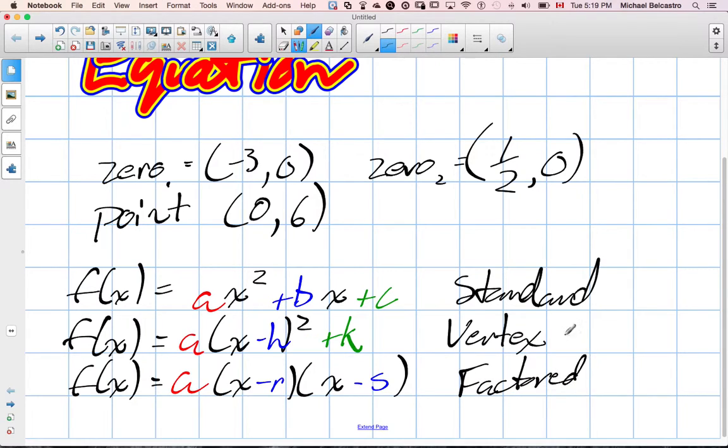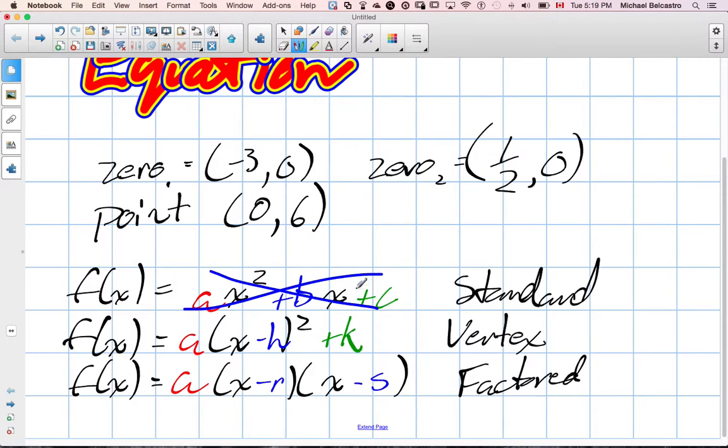Okay, so the first thing we want to do is choose which one is going to work best. A, B, and C are kind of arbitrary. Actually, I shouldn't say that. C is the y-intercept of a quadratic, and we actually have the y-intercept. So we know C in this case would be the number 6, but A and B are a lot harder to work with. You can kind of derive them if you have a point and a vertex, but we don't quite have this information, so this is probably not the best version to use.